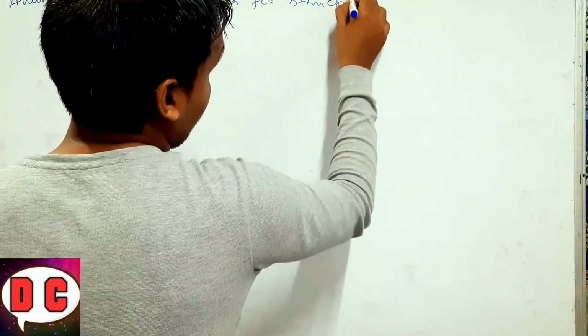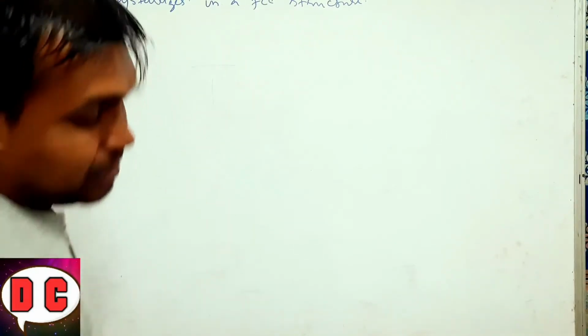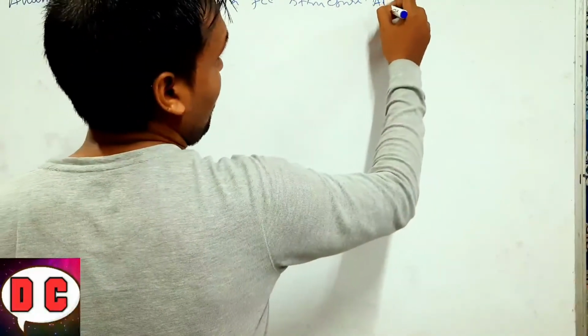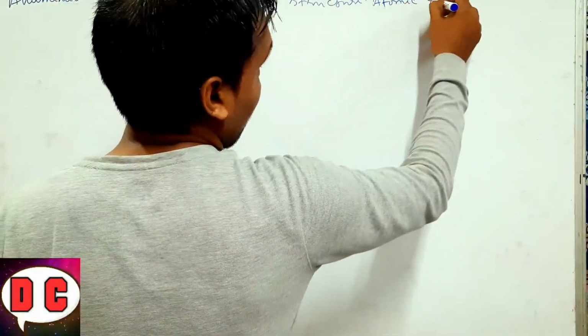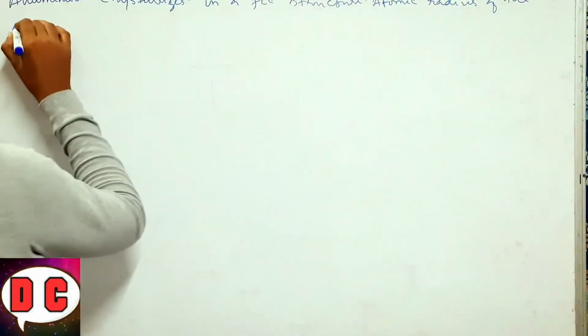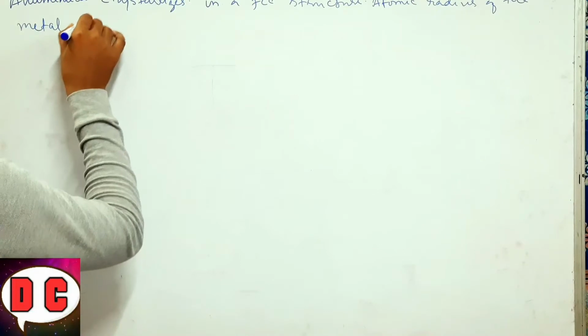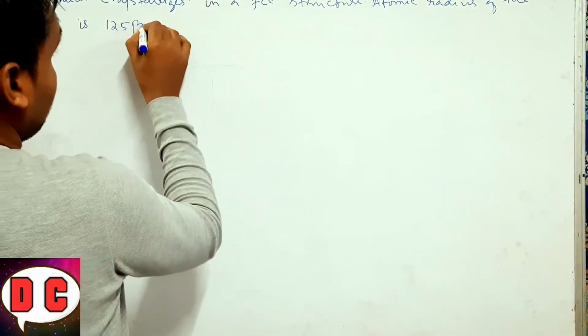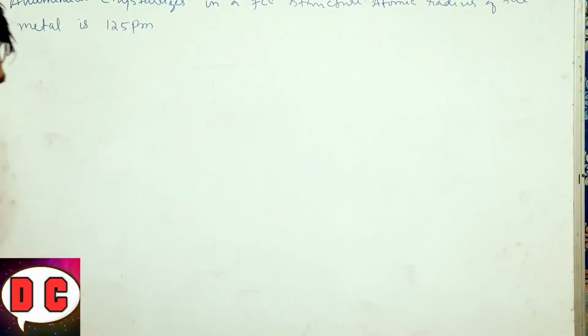The atomic radius of the metal is 125 picometer. Got it? Calculate the edge length of the unit cell of the metal.